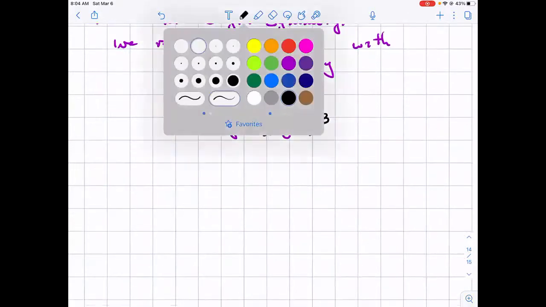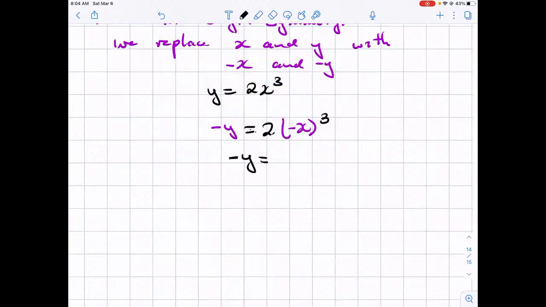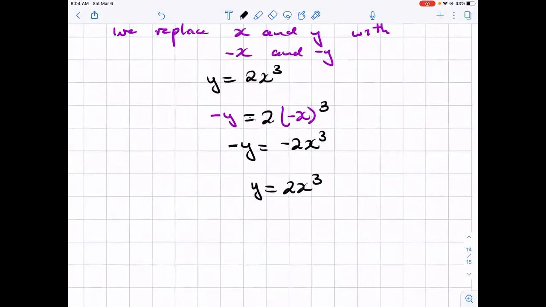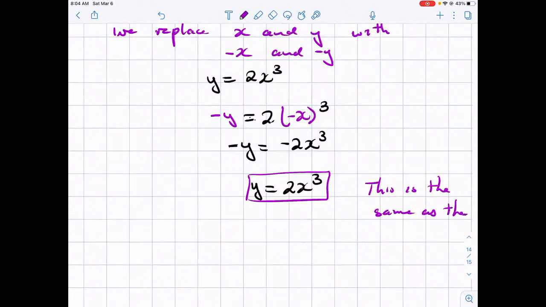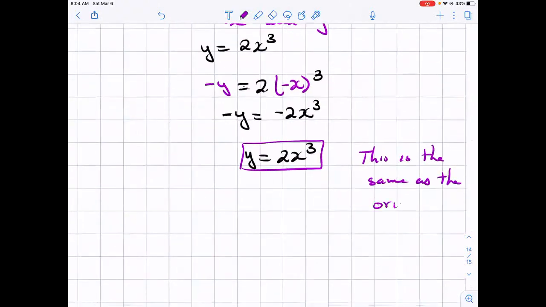If we do this, we end up with minus y is equal to minus 2x cubed. So y is equal to 2x cubed. And notice that this is the same as the original equation.